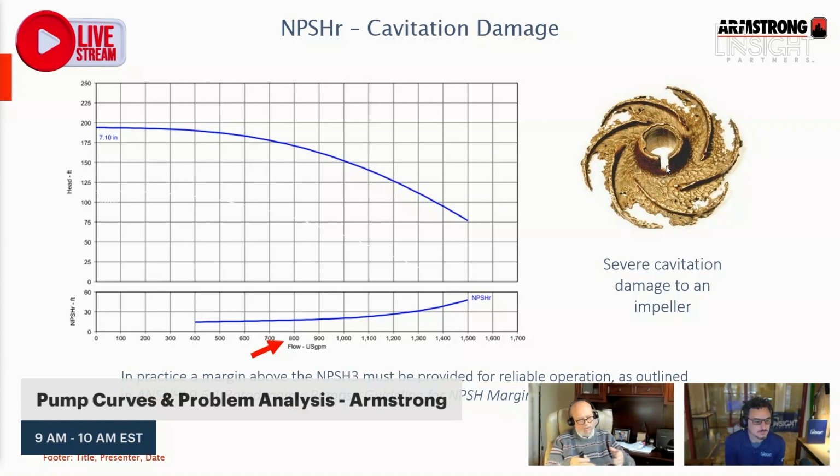Now, the downside to doing it through the suction diffuser is, depending on the size of the suction diffuser compared to the size of the inlet flange on the pump, because a lot of times we'll have an 8-inch pipe suction connection with a 6-inch flange connection going into the pump. Understand that when I read that at the suction of the pump, or near the suction of the pump at the outlet of the suction guide, I may have to take into account velocity pressure or the velocity head that's being imparted to the water at that point.